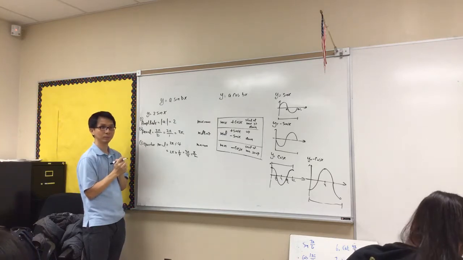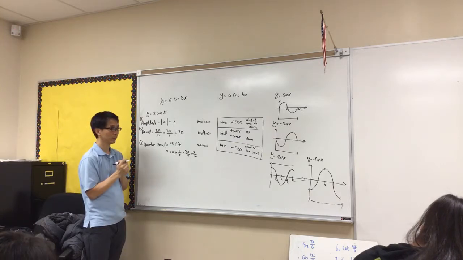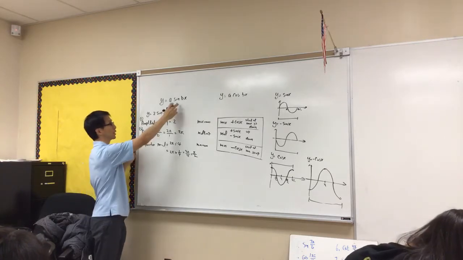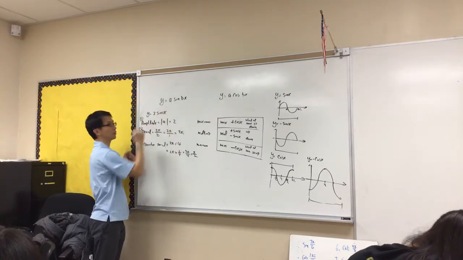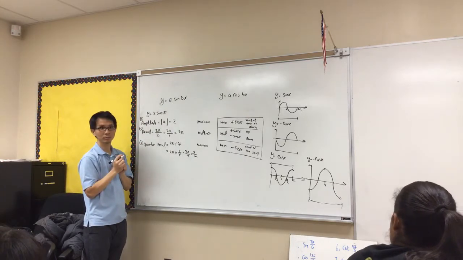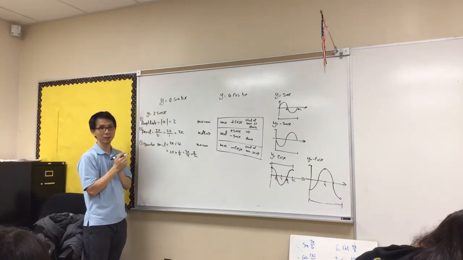Okay, so I get the quarter period, but why is B equal to 1 in the period? Because B, look at the equation. It's the number in front of x.